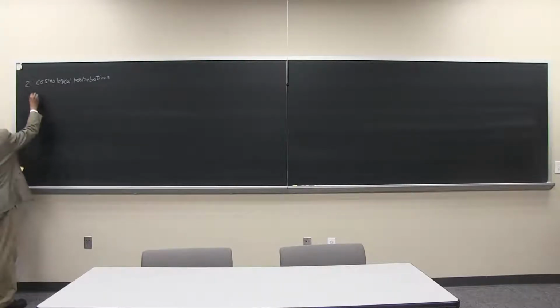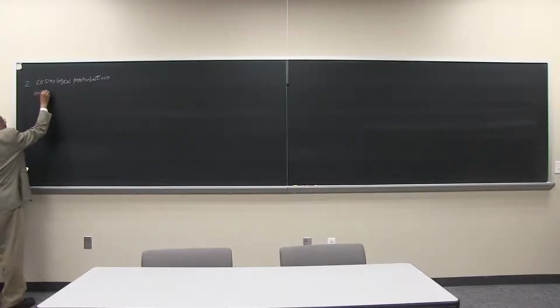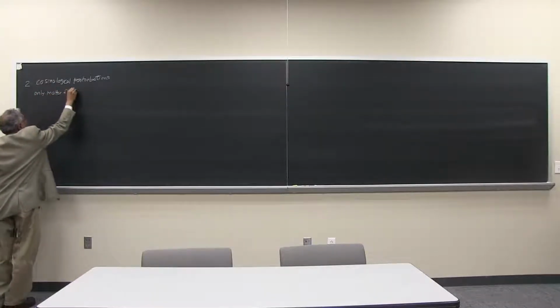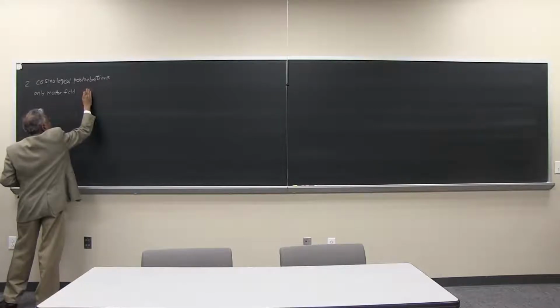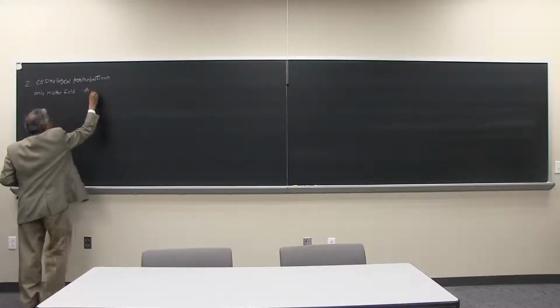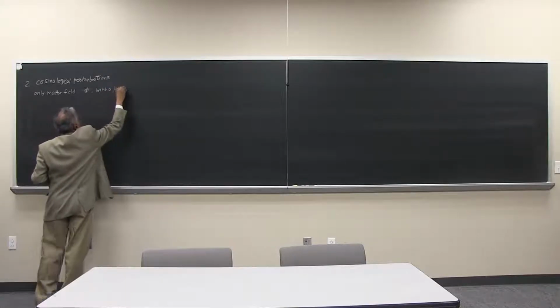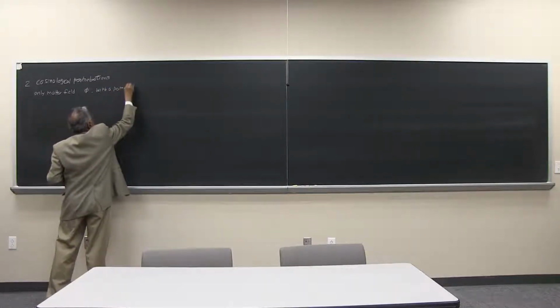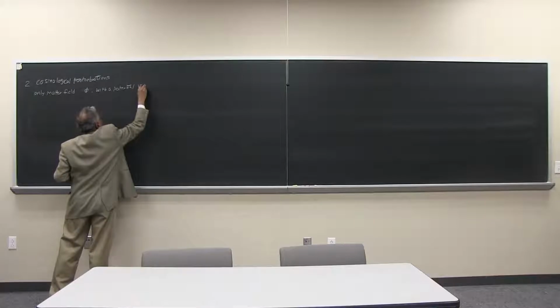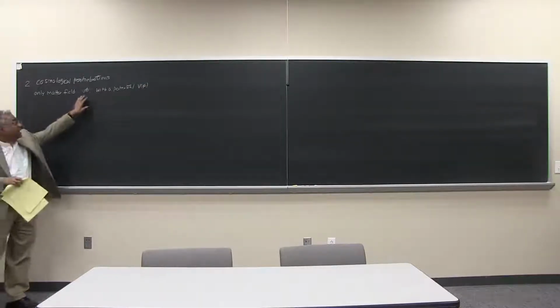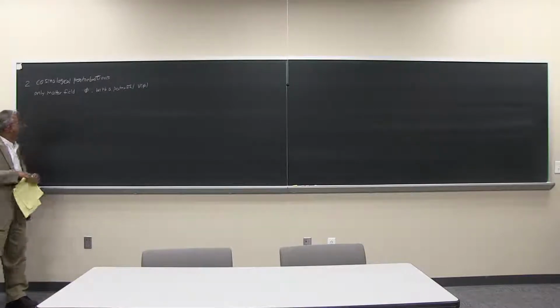so we assume that the only matter field is a scalar field phi with a potential V of phi. We are in the homogeneous isotropic case, therefore this phi will only depend on time.